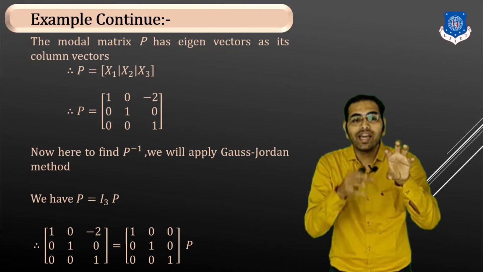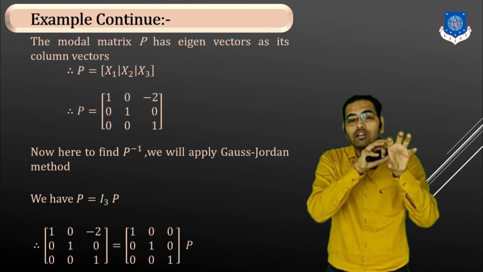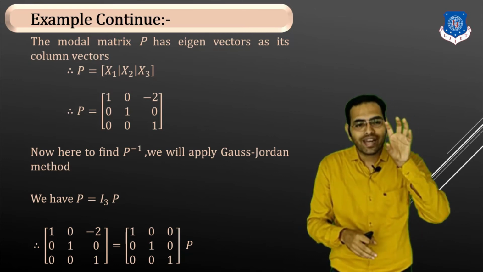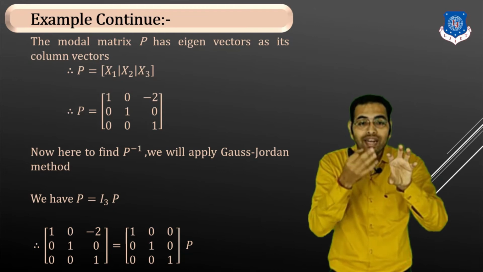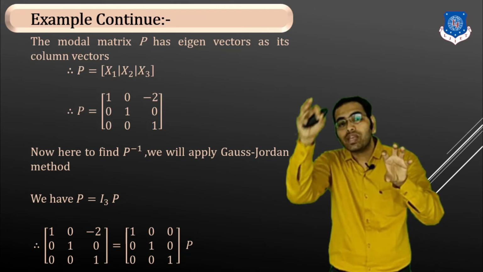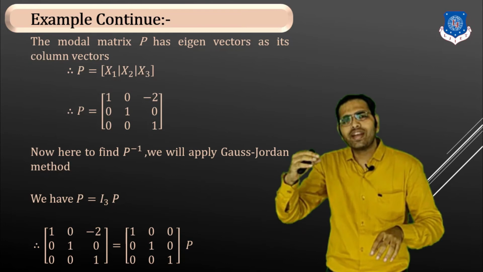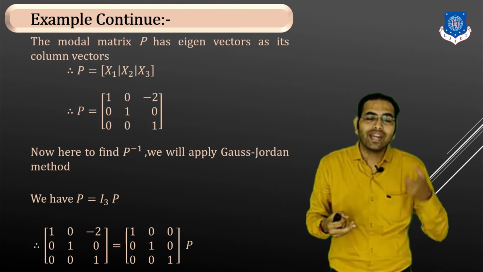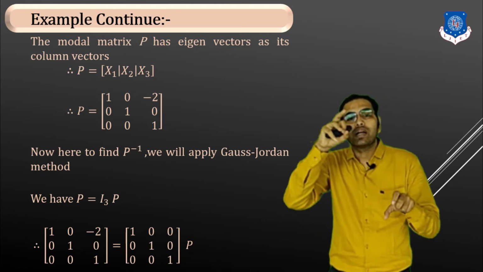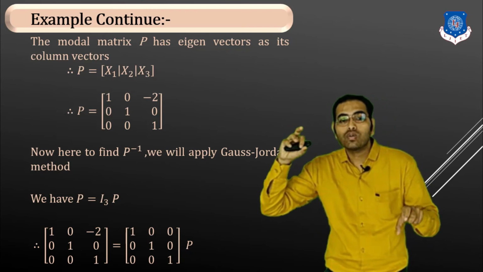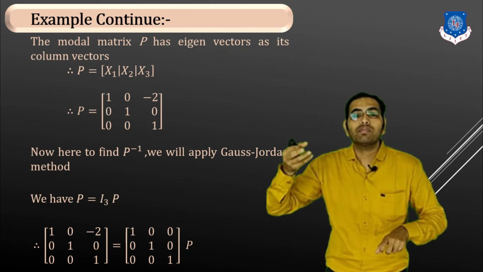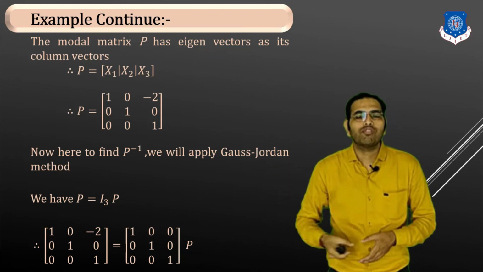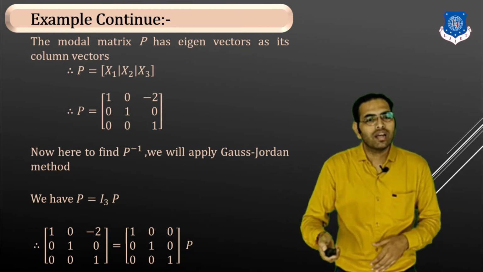We have to make the identity matrix of the LHS portion, applying only row operations. Whatever row operation we apply to the LHS for making P the identity matrix is automatically applied on the identity matrix on the RHS. At the last stage, when our matrix P becomes the identity matrix, the RHS portion also changes, meaning the identity matrix becomes another matrix B, that is B equal to P inverse. That is our value of P inverse, which you already learned in the earlier lecture.